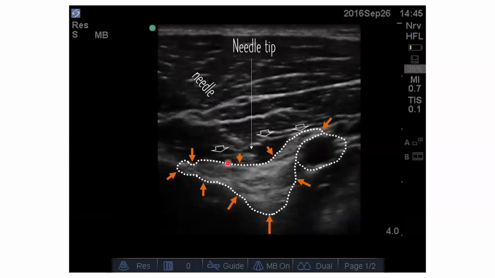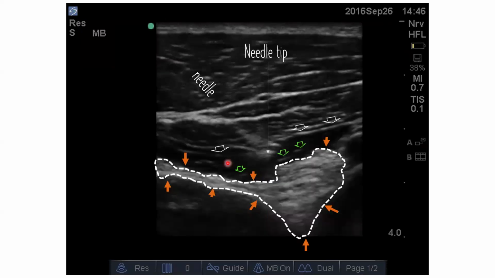Now, when you inject still more, so this is 5 ml of local anesthetic, then you inject another 5 ml. Now you will see that the circumneurium is still preserved. The needle tip is, of course, here below the original circumneurium, and you can see some of the fascial sleeves, like these green ones. These fascial sleeves are now elevated, and the local anesthetic percolates beyond this.